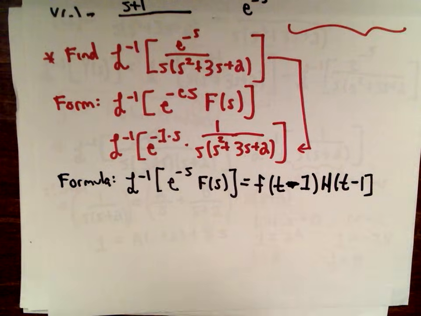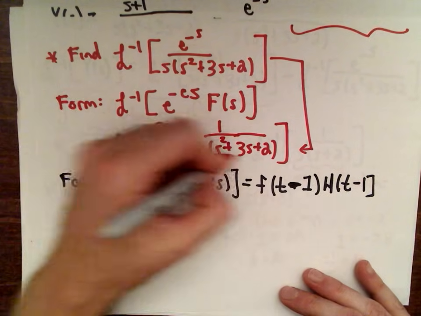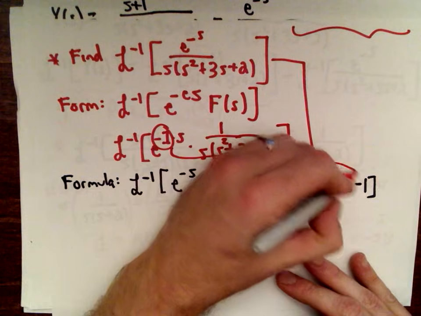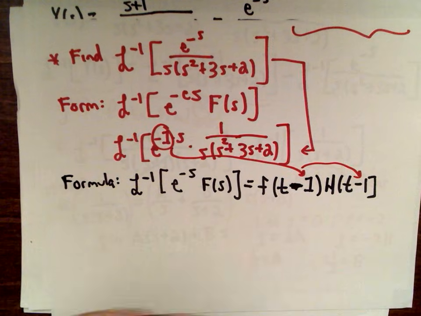And again, that's because of my value up here of negative 1. Okay, so again, this is all just table stuff.